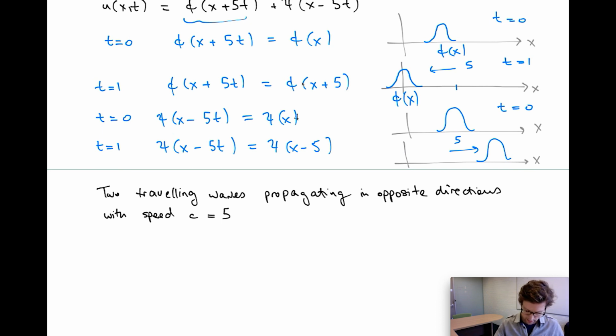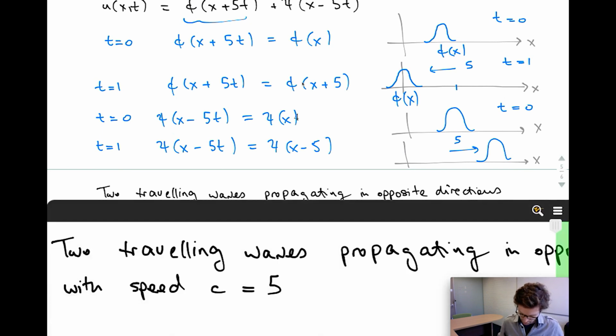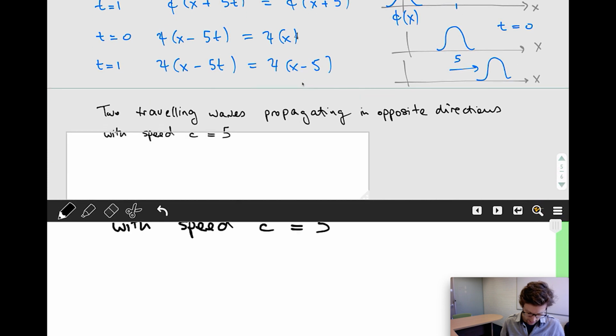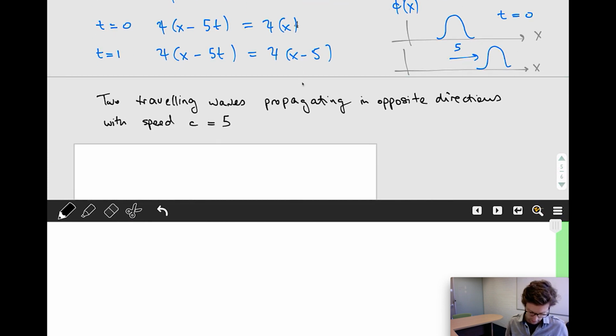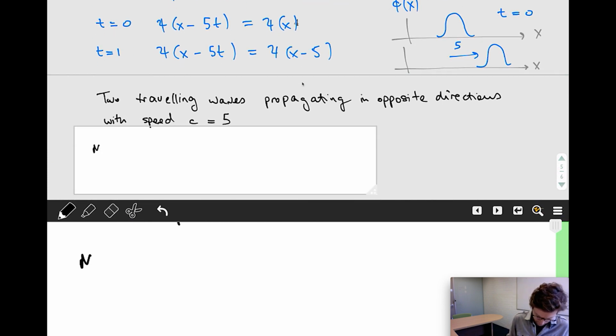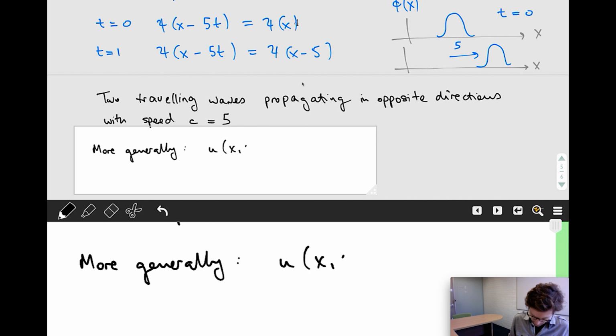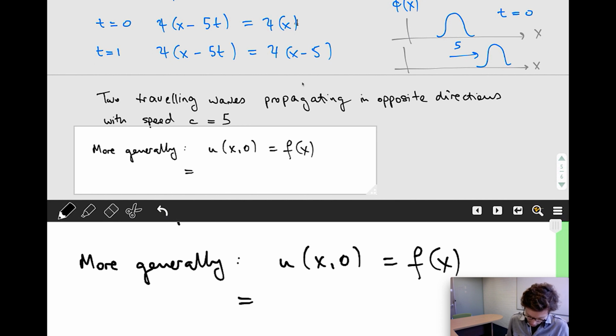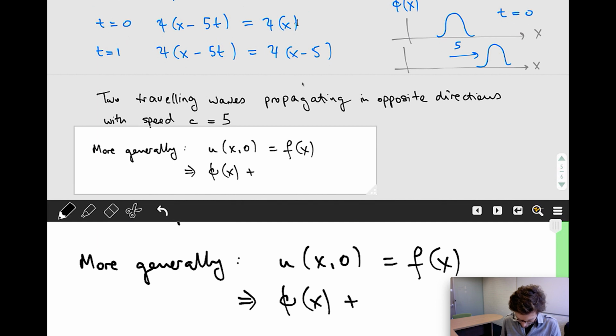Now we can look at a more general scenario. What happens if I'm given that the initial displacement is f of x? Well, we saw that just going through the same process again, that's going to give me phi of x plus psi of x is equal to f of x.